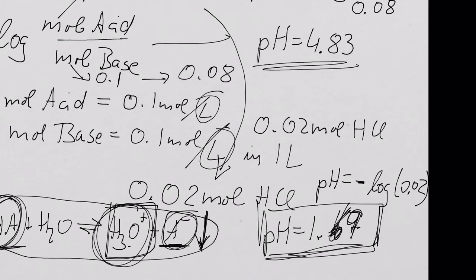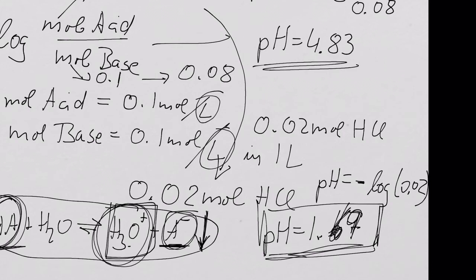And trust me, cells hate change. They don't want any change because it could be absolutely devastating for them. So cells have to maintain a stable environment. That is why these buffers are so absolutely essential.